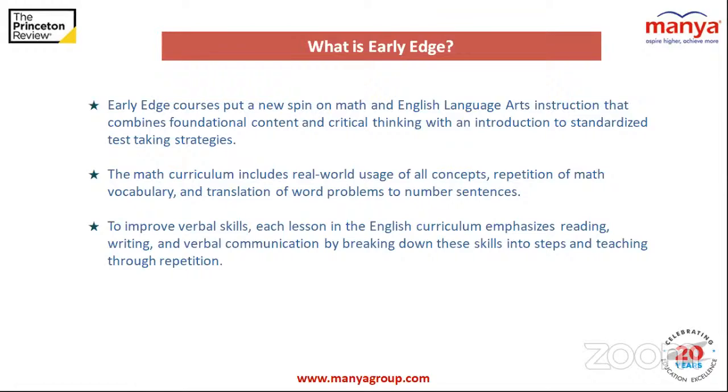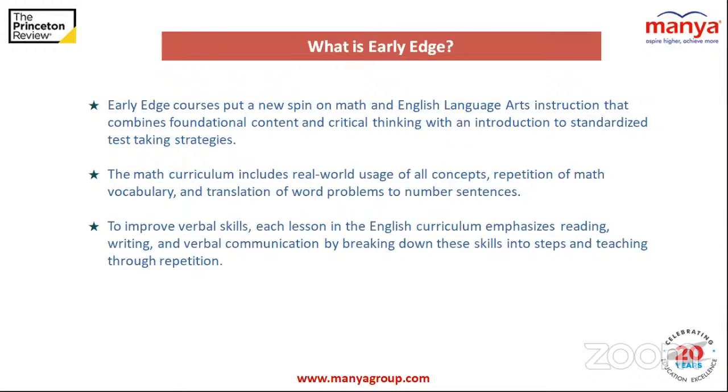For verbal, it's very strong to improve your reading skills and your verbal communication by breaking down the skills into steps and teaching through repetition. So it's going to help you definitely in three main things, I would say. One is the reading skills. The passages in this Early Age program are really dense, which makes the Indian entrance exams really easy.